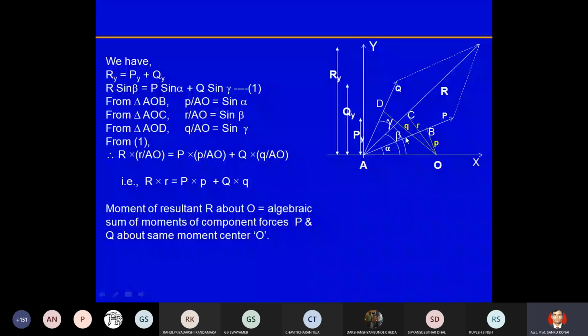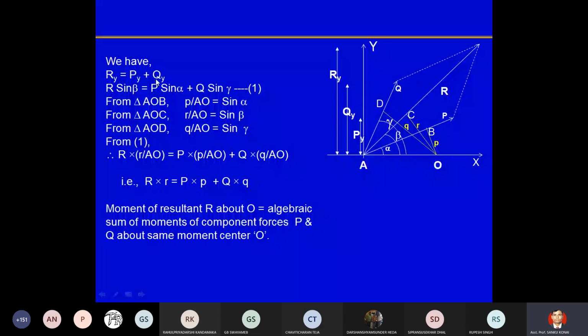Okay, now Ry we can calculate, this is R force and the angle with the horizontal axis is beta, so R sin beta will be Ry. Similarly, P sin alpha and Q sin gamma will be the vertical component of P and Q force respectively.